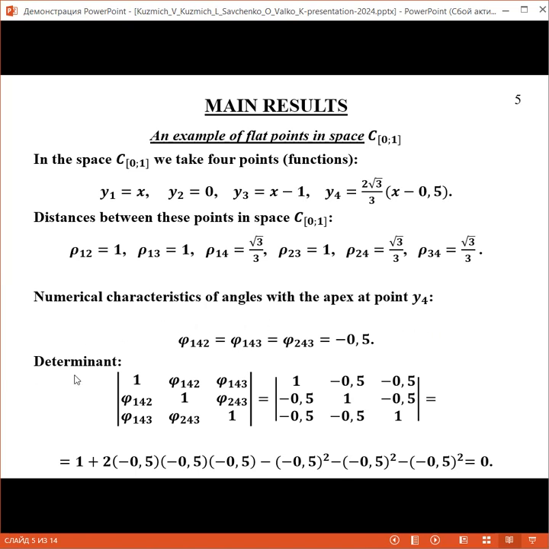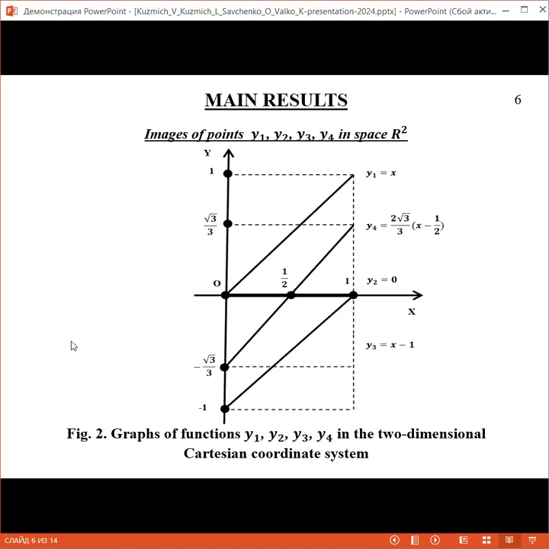Let's calculate the determinant: it is 0. Therefore, the points y1, y2, y3, y4 are flatly placed in the space C. In the two-dimensional Euclidean space R2, the points y1, y2, y3, y4 are linear functions and are placed as follows.